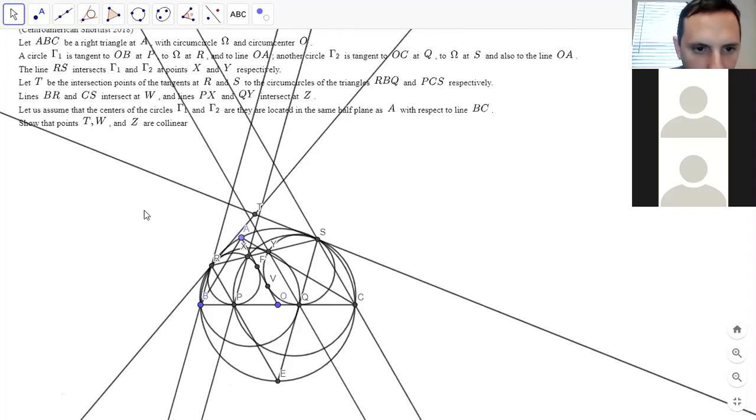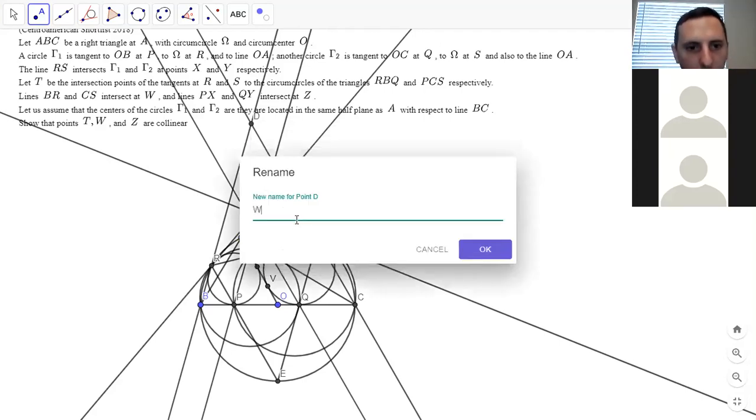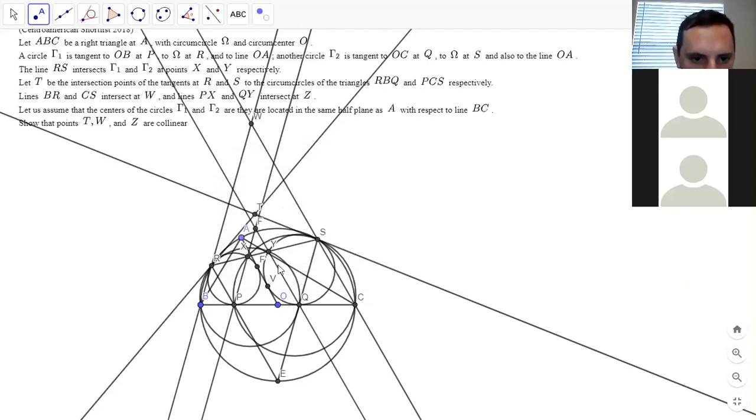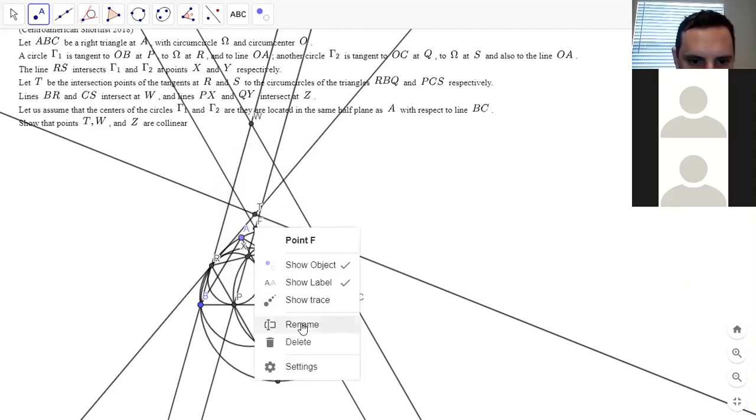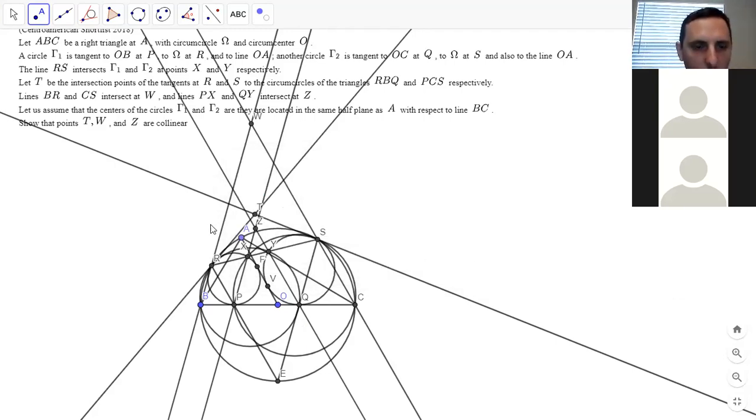Let's see. So we have this point. T is where the tangents meet. And then this point right here. So T, W, and Z. And then let me hide a bunch of stuff. Too many lines here.